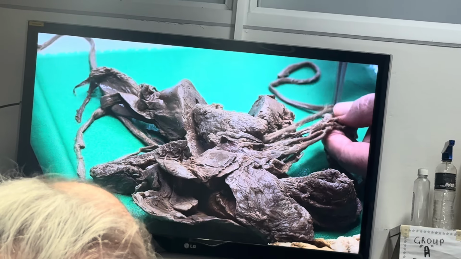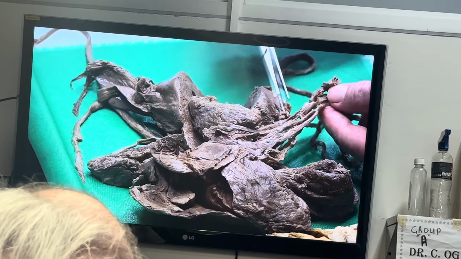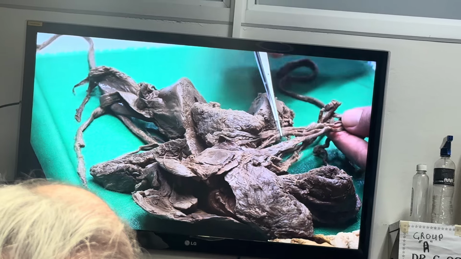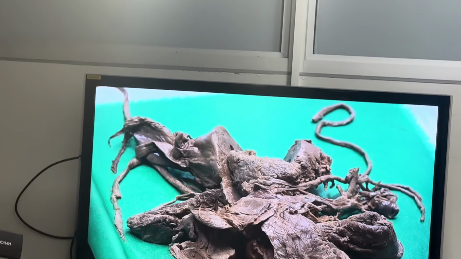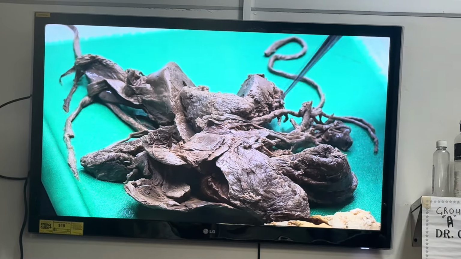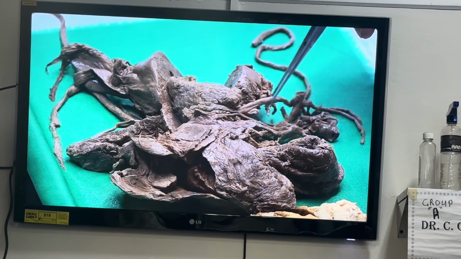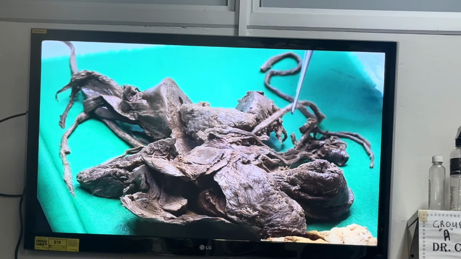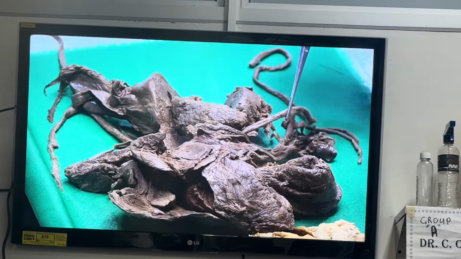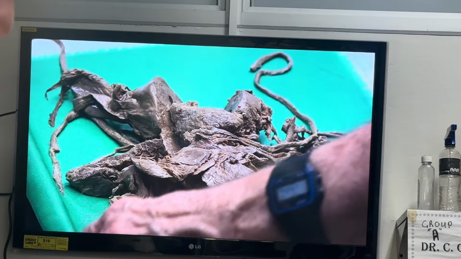See here, and then look at the leash of vessels all surrounding it there. And he has to go down here. And sadly sometimes it damages the ureter.